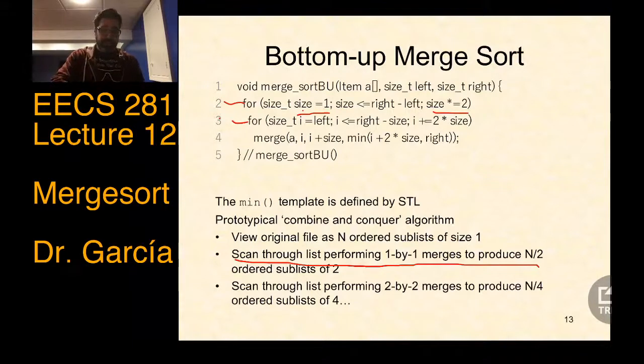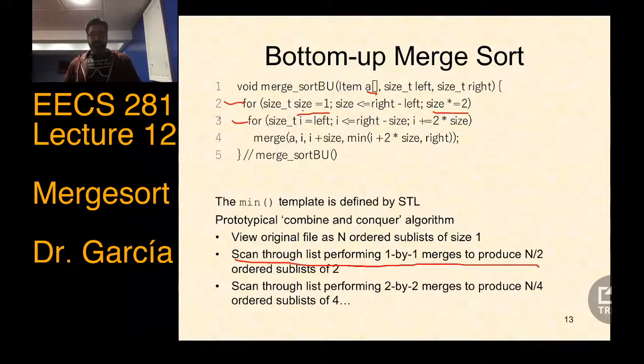And then the internal for loop, which is line 3, is trying to look at where in the range of the input array A we're going to look for each one of the 1 element sublists, followed by all the 2 element sublists, followed by all the 4 element sublists. So the internal loop is what basically gives you the indices to look at.